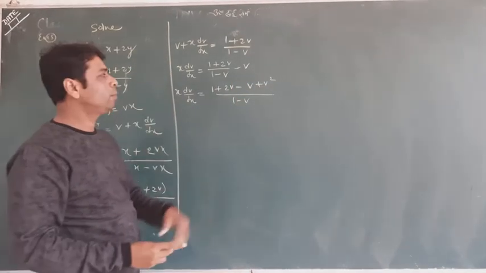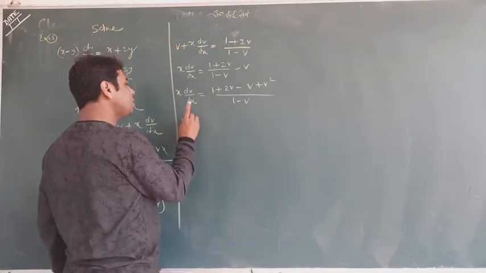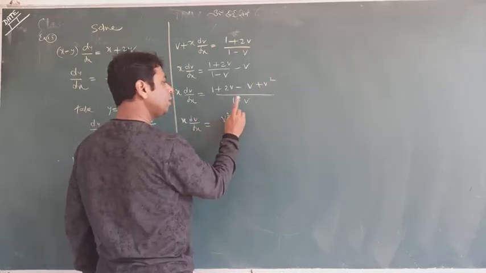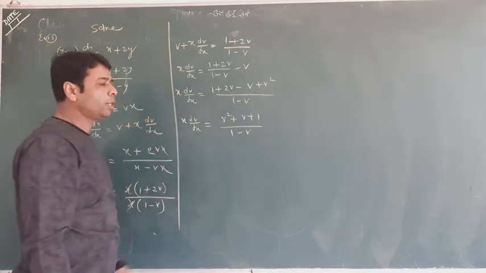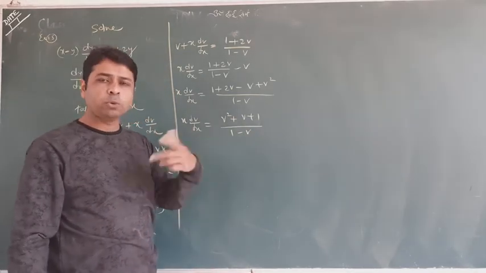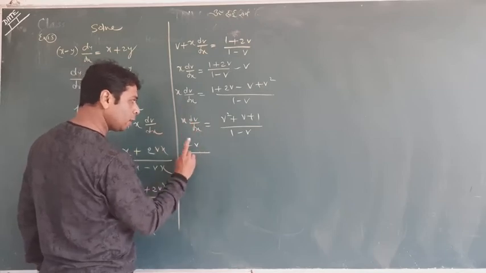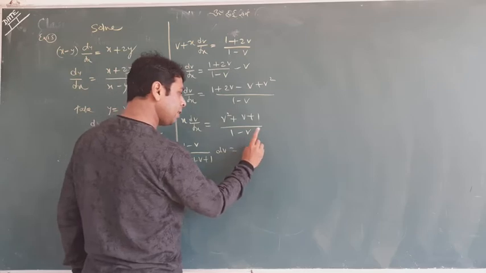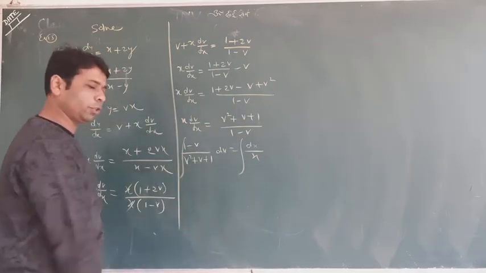I took the LCM because of the minus, it changes on both sides, and now x dv by dx is equal to v square plus v plus 1 upon 1 minus v. This is the term in v. I'll do variable separable. 1 minus v goes to this side, and v square plus v plus 1 to this side, dx upon x comes to the opposite side, and we do the integration.